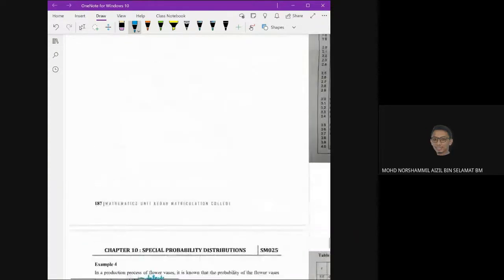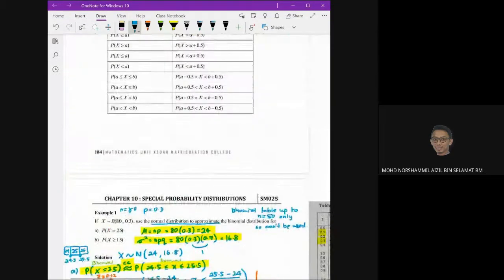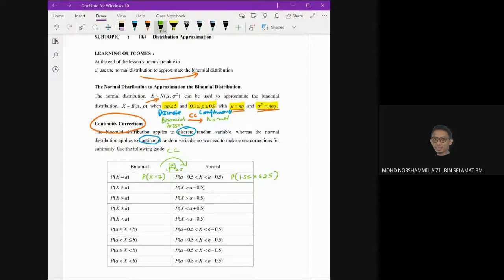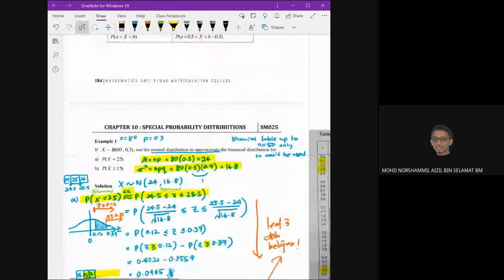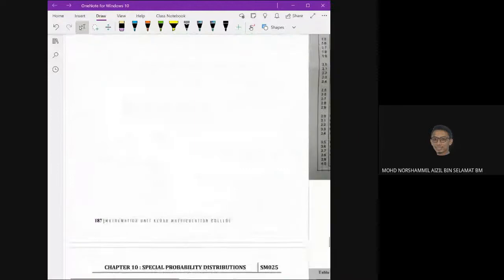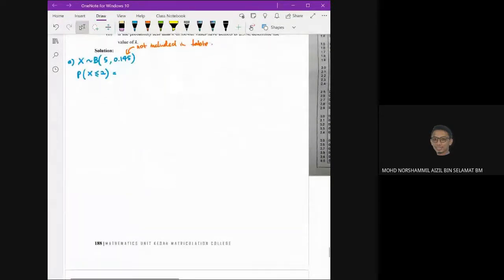Why? Look back at the condition I put earlier: np must be greater than or equal to 5. The number of trials times the probability of success must be greater than 5. If you multiply in this question, what do you get? Less than 5, right? np is less than 5, therefore we cannot convert to normal. So what should we do?